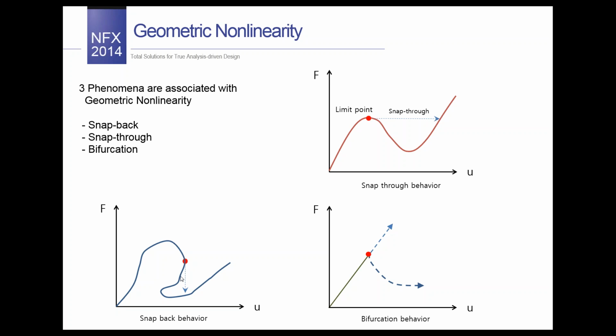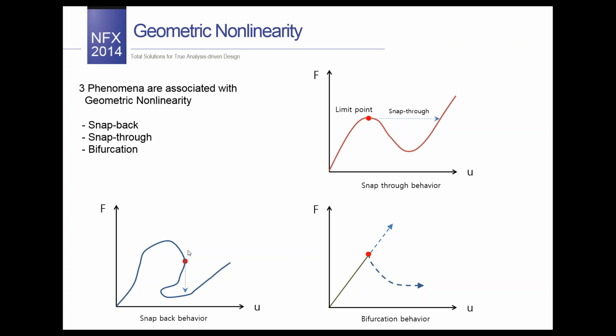Snapback is very similar, but it occurs when there is a vertical tangent in the load displacement curve, where the load on the body suddenly drops, but the displacement remains constant, as it's shown on this figure.